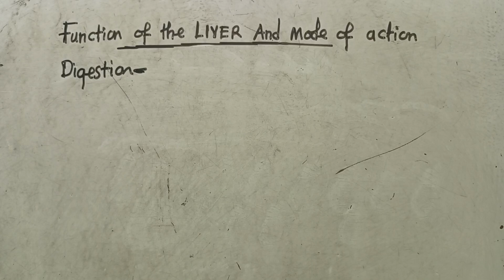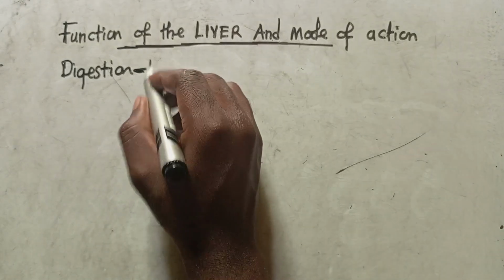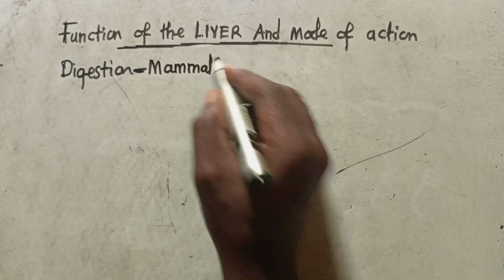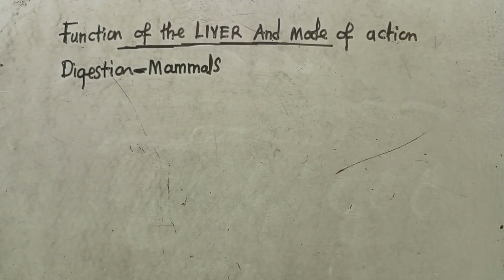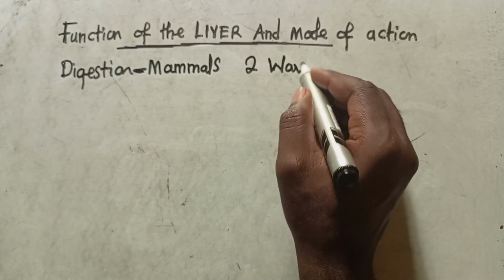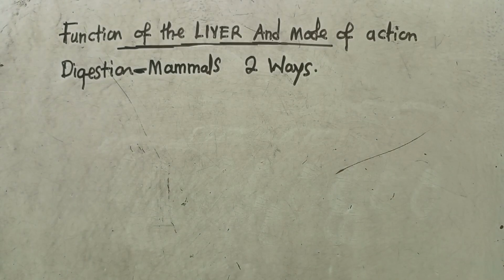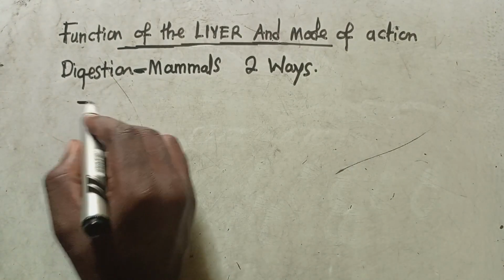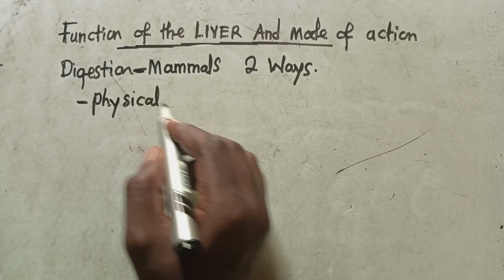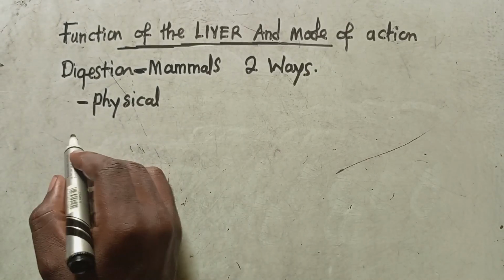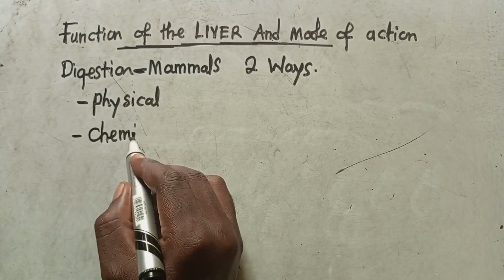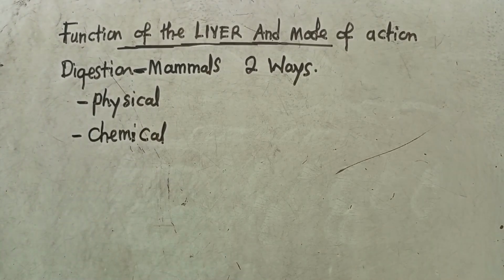Digestion in mammals is divided in two ways: physical digestion as well as chemical digestion. These are two things that you have to understand.